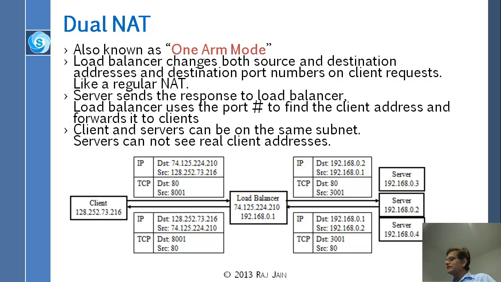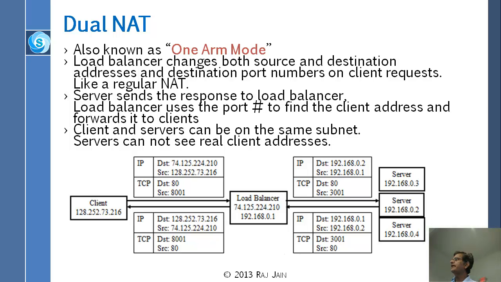This whole thing could be one subnet. Suppose this whole thing is inside a single data center; they could be on the same subnet, with the same private address range. The NAT here is a load balancer. All I'm trying to tell you is that one way to load balance is by NAT, using a dual NAT. You don't need NAT for address translation; you are using the NAT technique for load balancing.